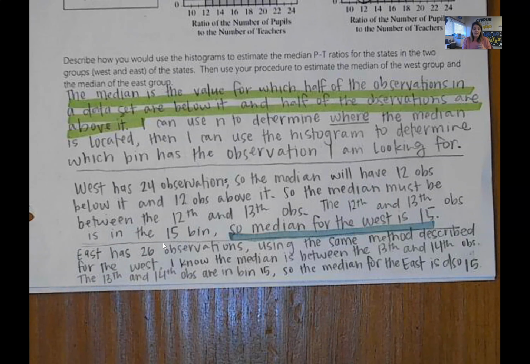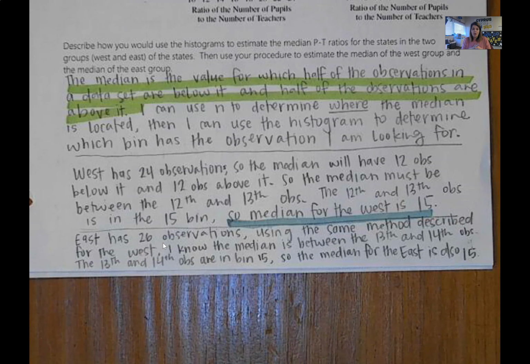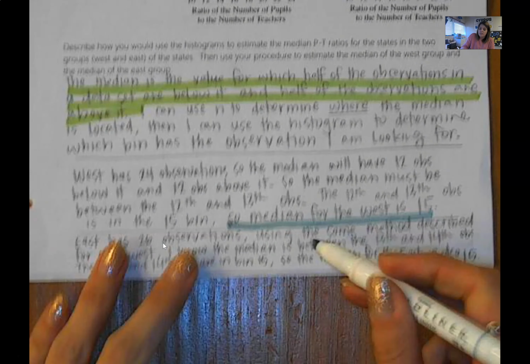So I'm going to say the East has 26 observations, using the same method described for the West. I know that the median is between the 13th and 14th observation. The 13th and 14th observation are in bin 15, so the median for the East is also 15.